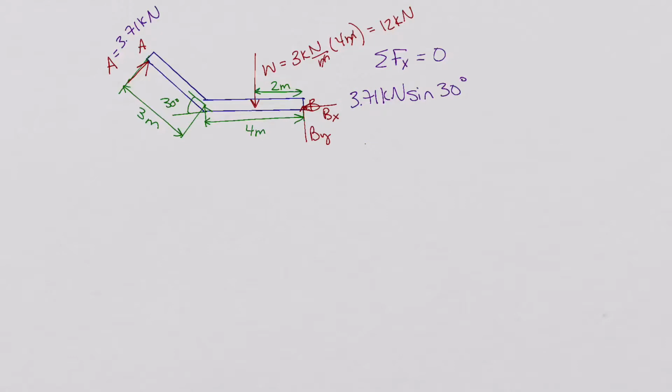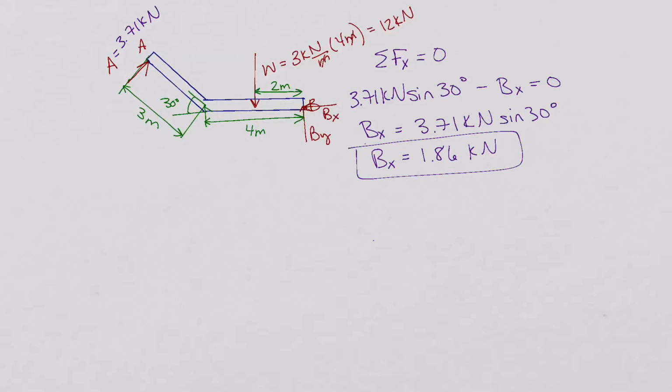That's the x component of A. W is all in y, so we don't have to worry about it. By is in the y, and then minus bx equals 0. So bx is going to equal 3.71 kilonewtons times sine of 30, which gives us bx equals 1.86 kilonewtons.